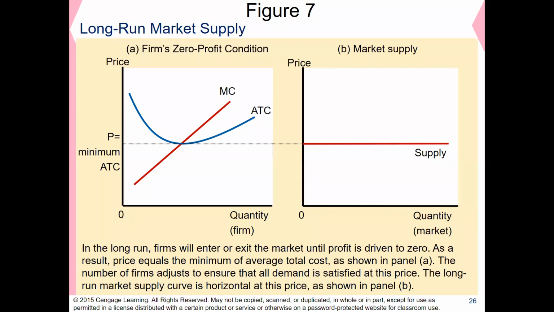Once again, economic profit is total revenue minus total cost, but that total cost includes both explicit and implicit cost. Accounting profit is total revenue minus explicit cost, the cost that can be explicitly measured. So in here, it's zero economic profit.